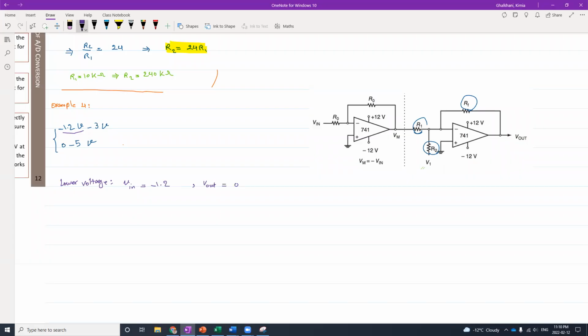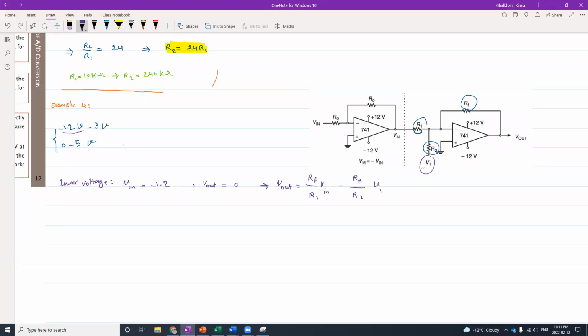So what do I have in here? From this, I can tell V out is equal to RF over R1 times the input voltage, minus RF over R2 times V1, right?